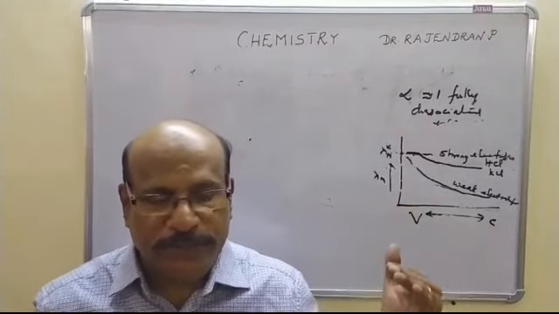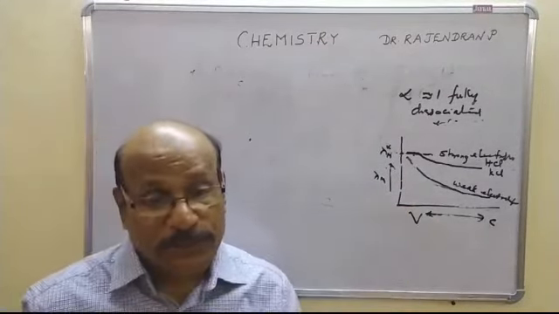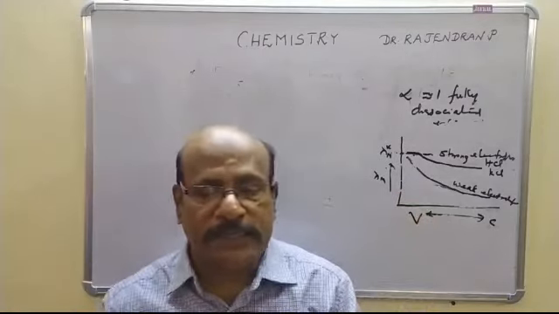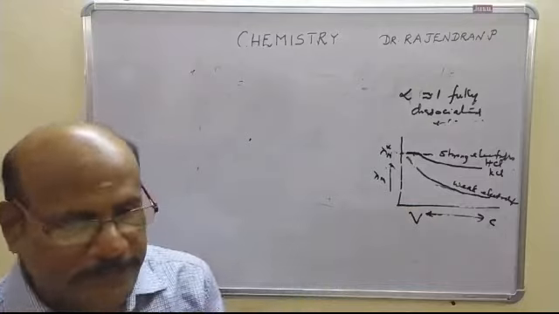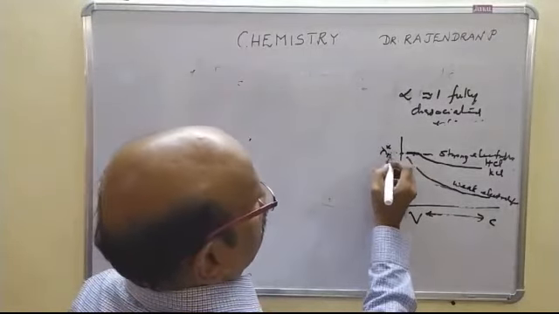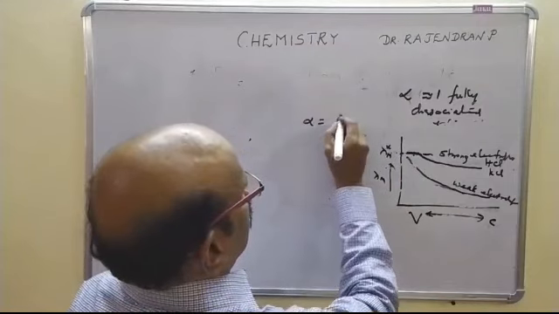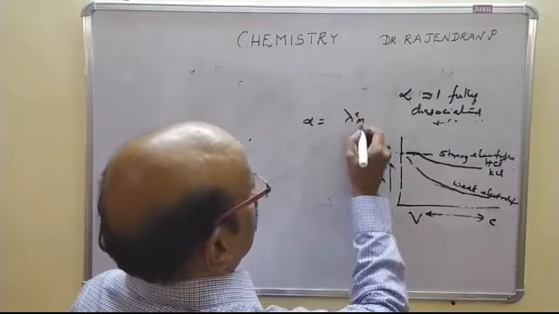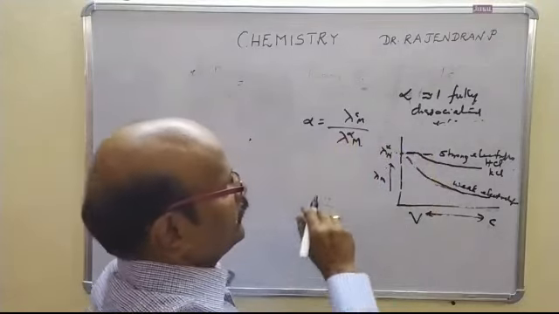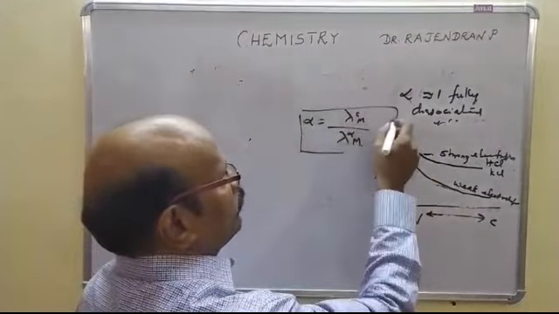By knowing the ratio we can determine alpha, which is assumed to be, according to Arrhenius, the degree of dissociation. It is not the degree of dissociation. Anyway, graphically we can determine lambda infinity m. Therefore alpha is equal to lambda Cm divided by lambda infinity m.